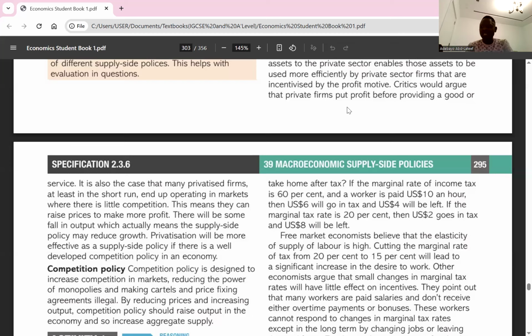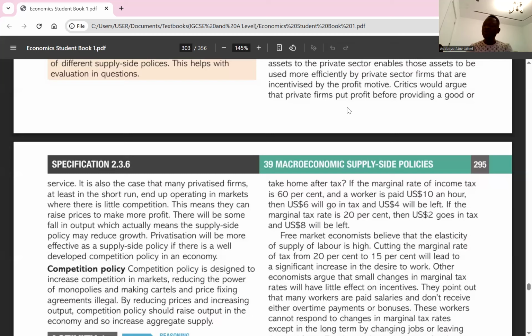Reducing their output means there's scarcity. Demand exceeds supply. And if demand exceeds supply, what happens? Price rises. That raises the price of goods and services. So that's the criticism about the private sector when it comes to privatization. But the public sector will not do that because the public sector provides services, not to make profit.